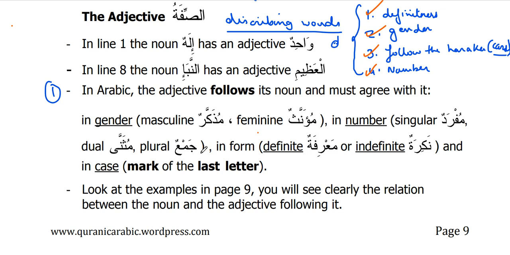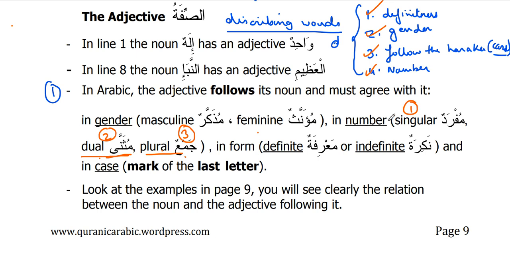If it's a jama or plural, then the sifa will also be plural. And if it is muthanna, muthanna means dual. In Arabic there are 3: singular, dual, one, two, and plural. So we have 3 in Arabic: singular, dual, and plural.